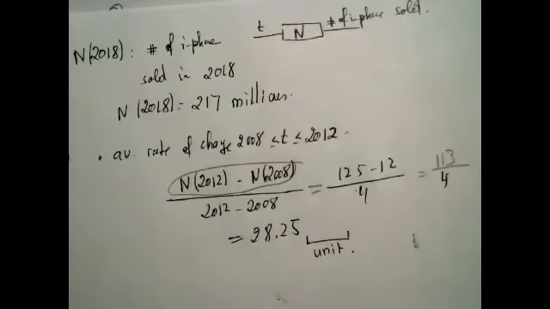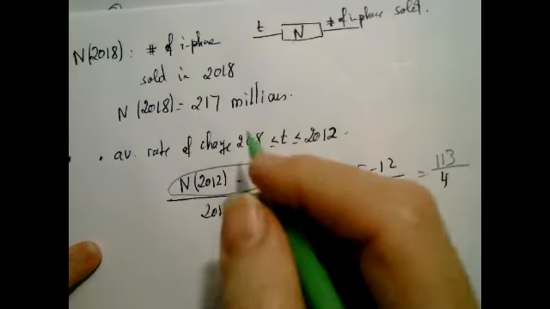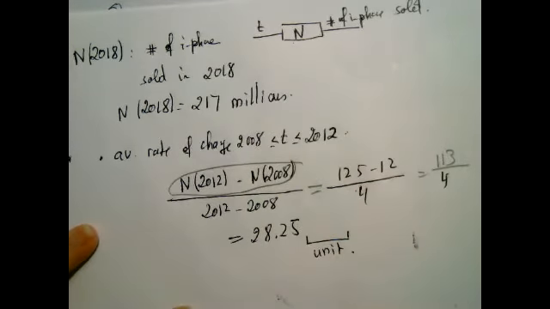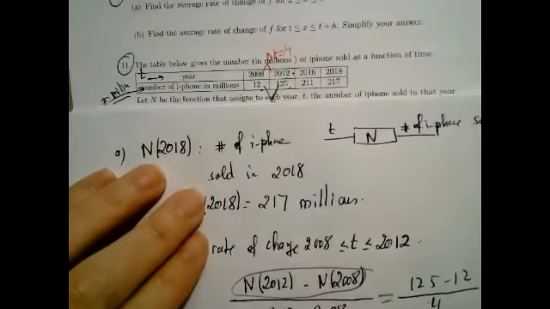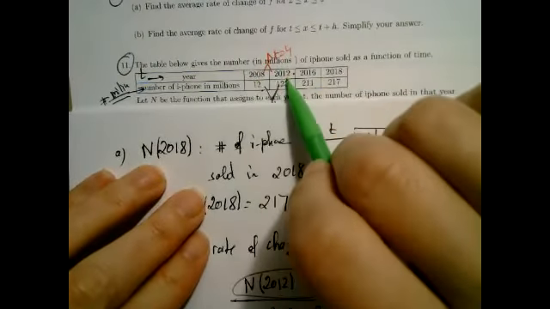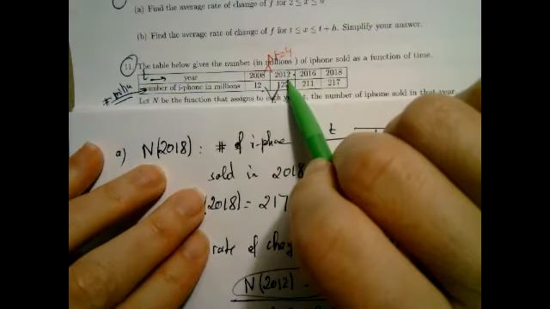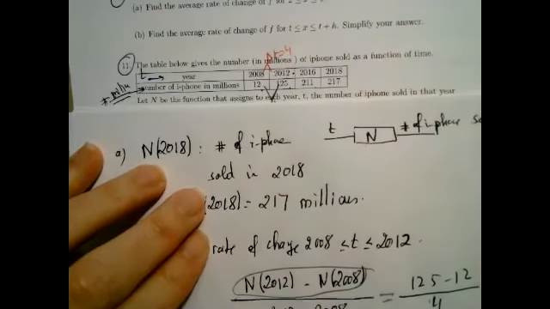To know the unit, you go back. How did you find it? What did we find? What's the unit? iPhone per year. Absolutely, it's iPhone per year. It means on average, and that's crucial, that's why it's called the average. It means on average, between 2008 and 2012, the number of iPhones sold was increasing by 28.25 million per year.